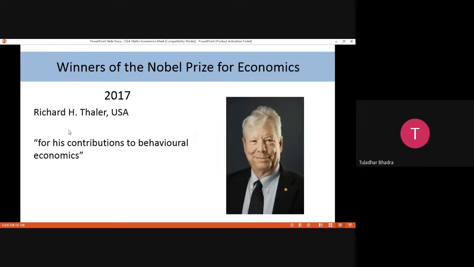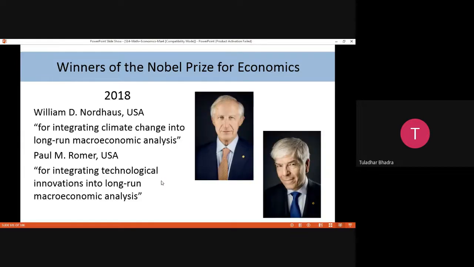2017: Richard Thaler, USA, for his contribution to behavioral economics. 2018: William Nordhaus, USA, for integrating climate change into long-run macroeconomic analysis. You can see macroeconomics has come in again.